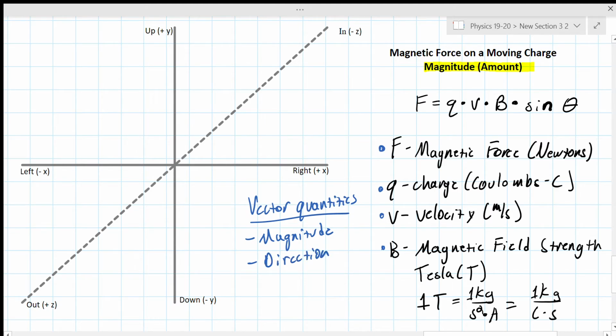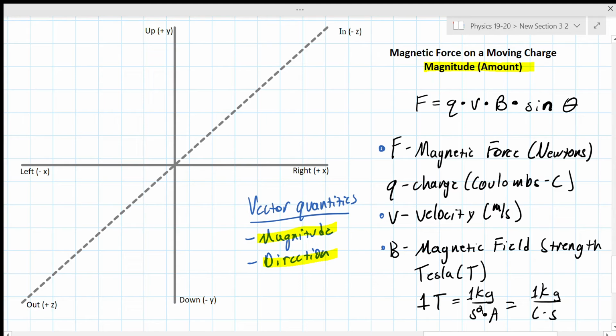All of these except for Q. Q is not a vector quantity. It can be positive or negative, but charge doesn't really have a direction. But force, velocity, and magnetic fields definitely have directions. We can talk about how strong they are or how much of them we have. In other words, we can talk about the magnitude, and we can also talk about their direction.